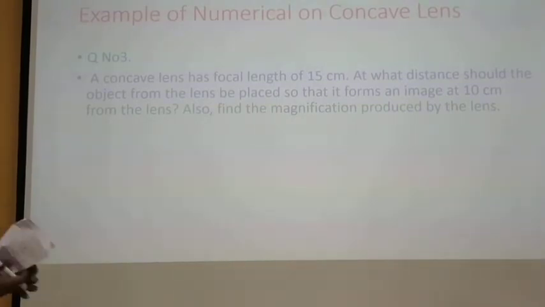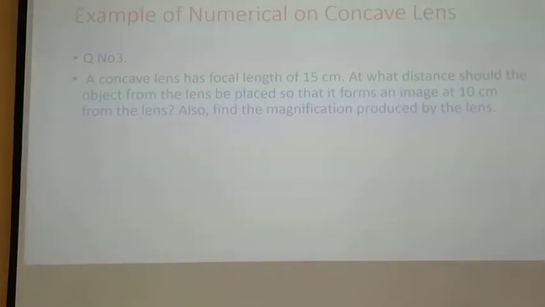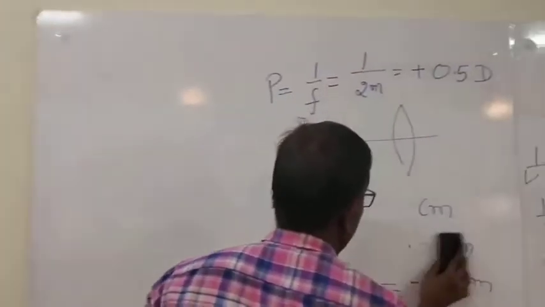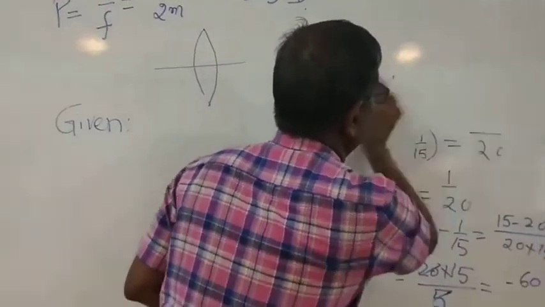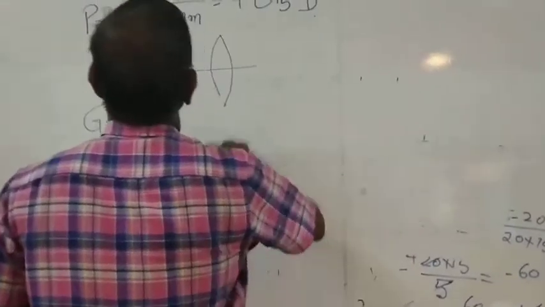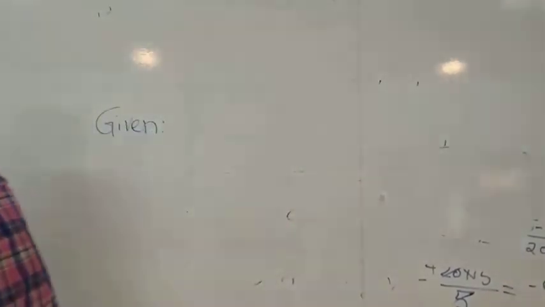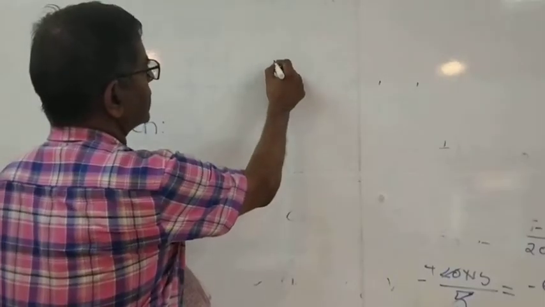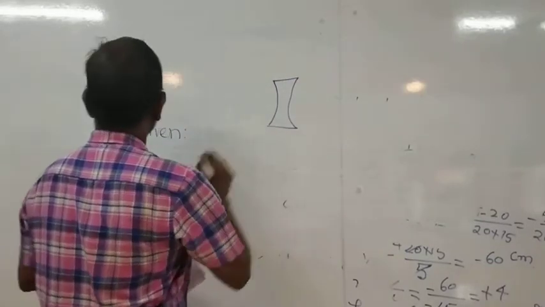So what is given in this case? First we have to write what is given and what we have to find out. The lens given is a concave lens, so just draw a sketch of a concave lens. What is given?